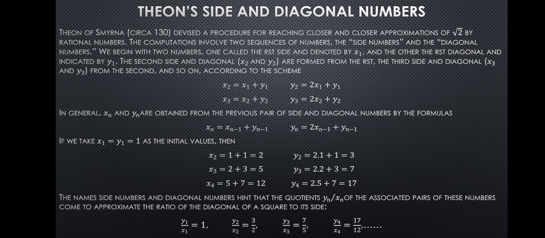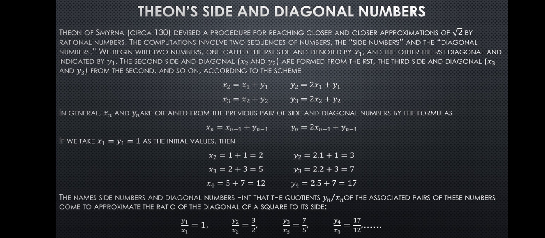We begin with two numbers, one called the first side and denoted by x1, and the other the first diagonal and denoted by y1. The second side and diagonal x2 and y2 are formed from the first, the third side and diagonal x3 and y3 from the second, and so on, according to the scheme.